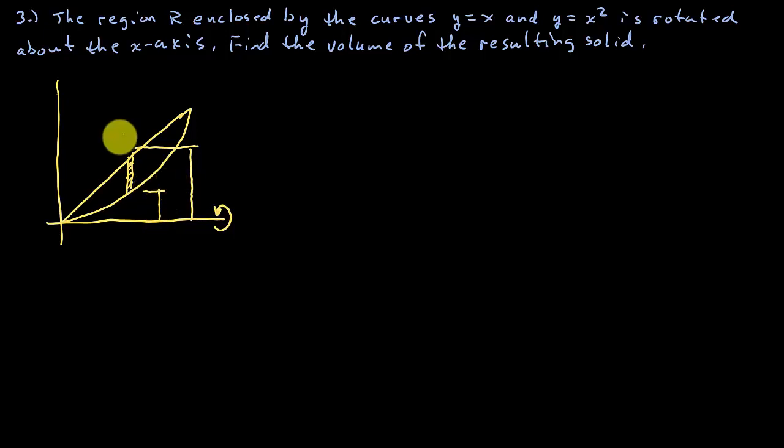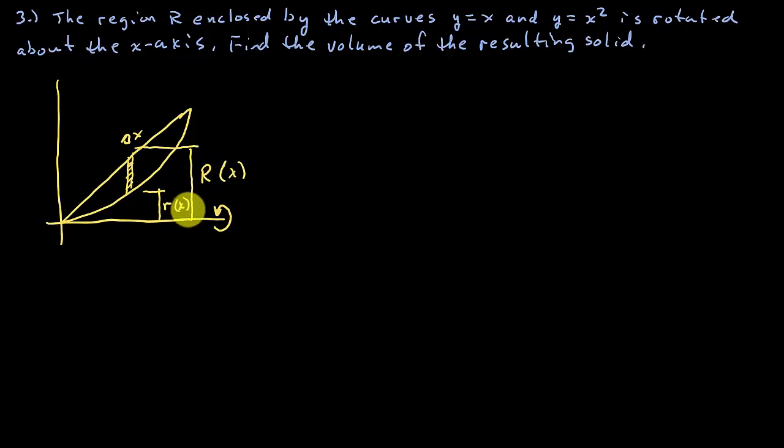And then we also need to put our thickness in there. Our thickness, delta x or dx. So this is big R and this is little r. Now, what variable is the radius going to be in terms of? Well, our thickness is delta x, so these are going to be in terms of x.